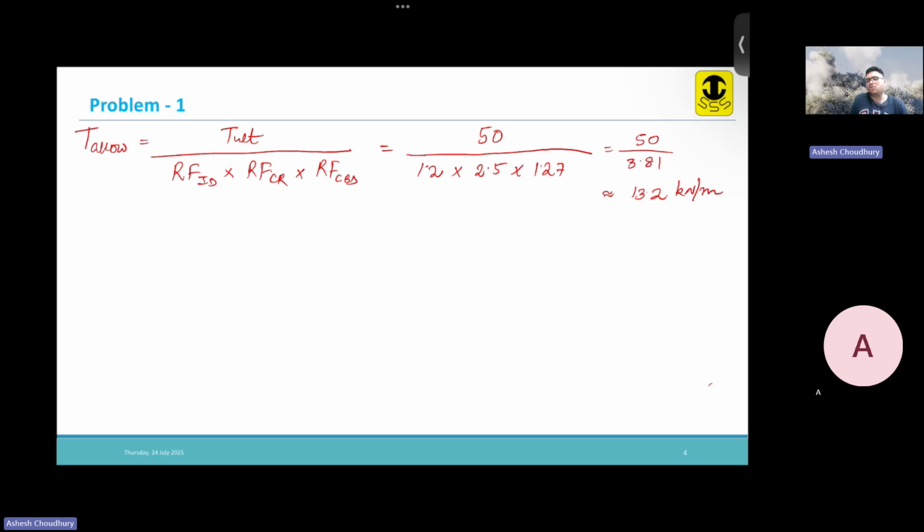Now there are two parts in our internal stability analysis: one is the rupture criteria, another is the pull-out criteria.